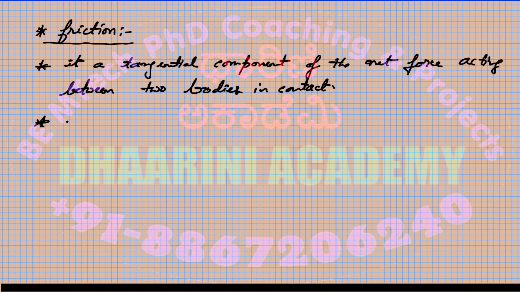If two bodies in contact are not moving, they are stationary, meaning no friction.